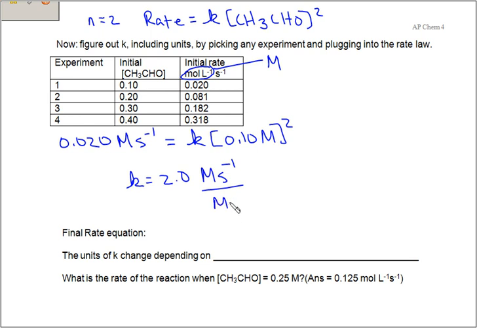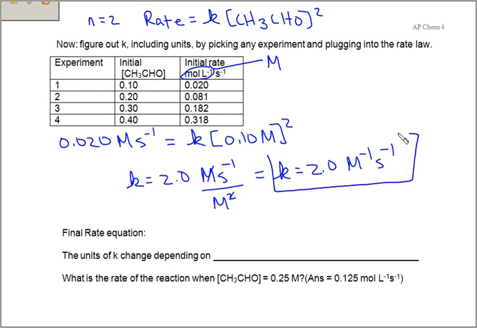So we have molarity squared. When we do that, we get K equals 2.0. That one cancels, the square goes, and we have molarity to the negative 1 seconds to the negative 1. So there is our value of K.